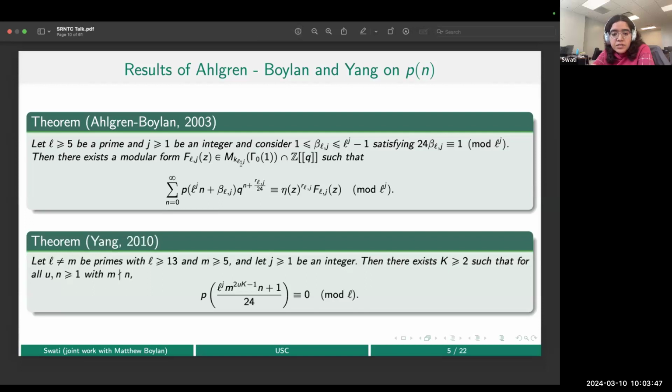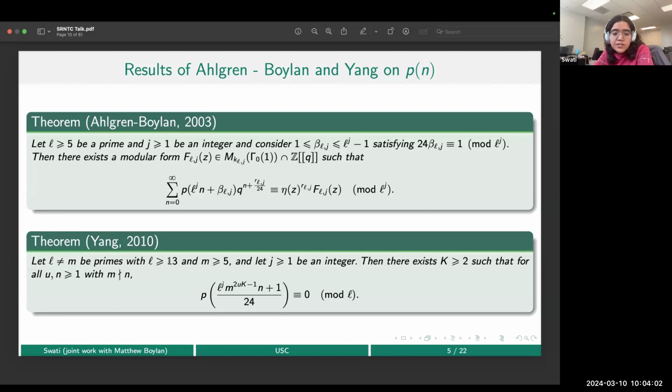Now, another result where our motivation comes from is the work of Yang, which basically addressed the question of finding more congruences of the type that we just saw in Ono's work.